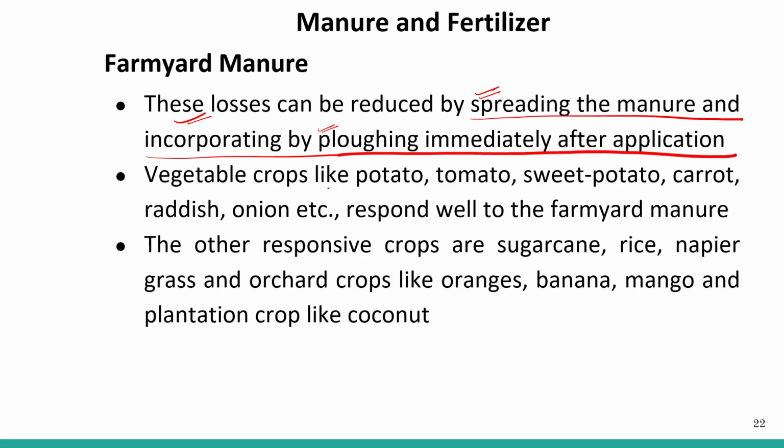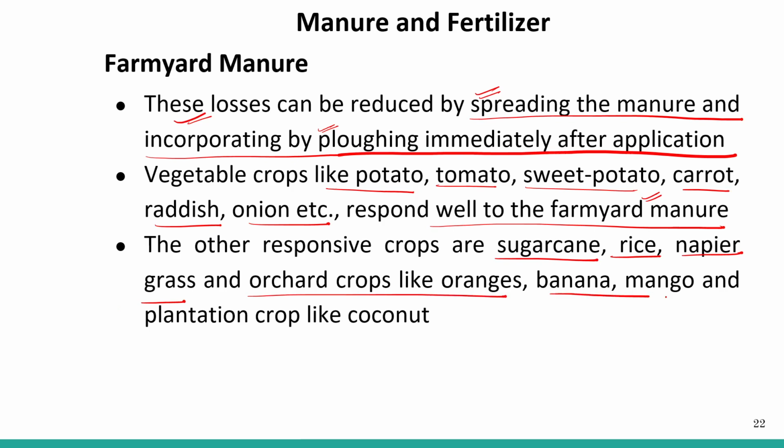The vegetable crops like potato, tomato, sweet potato, carrot, radish, onion, etc. respond well to farmyard manure. The other responsive crops are sugarcane, rice, napier grass, and orchard crops like oranges, banana, mango, and plantation crops like coconut. So for these, farmyard manure is of great importance.